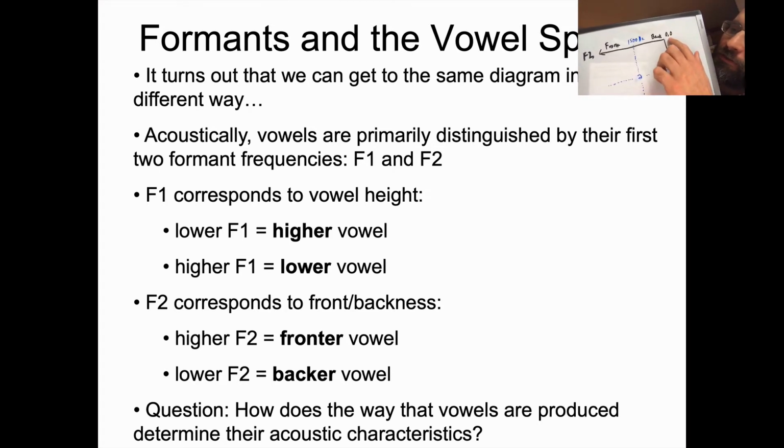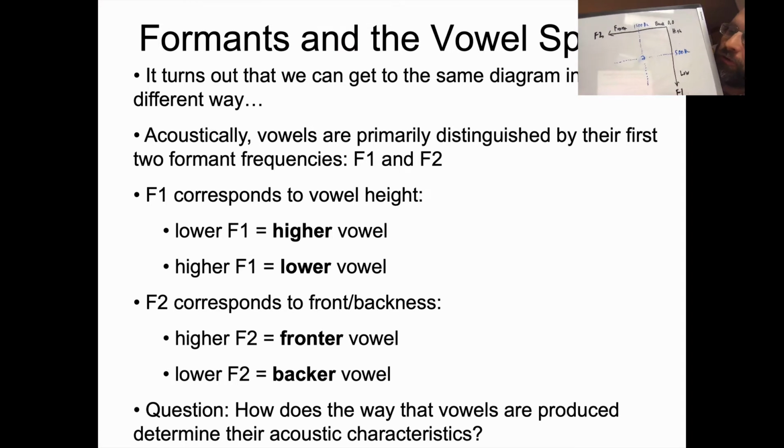And this upper right corner will also be the 0 point for F2. So F2 will increase in this dimension, going from back to front. And this goes from high to low, which, like I said before, is the opposite of what you might expect. I've also plotted in here some sample values for a speaker like me.